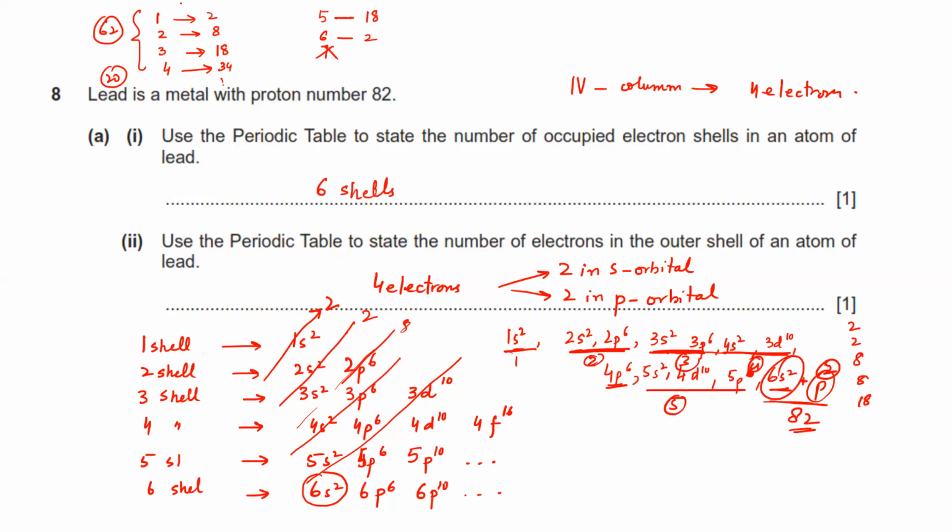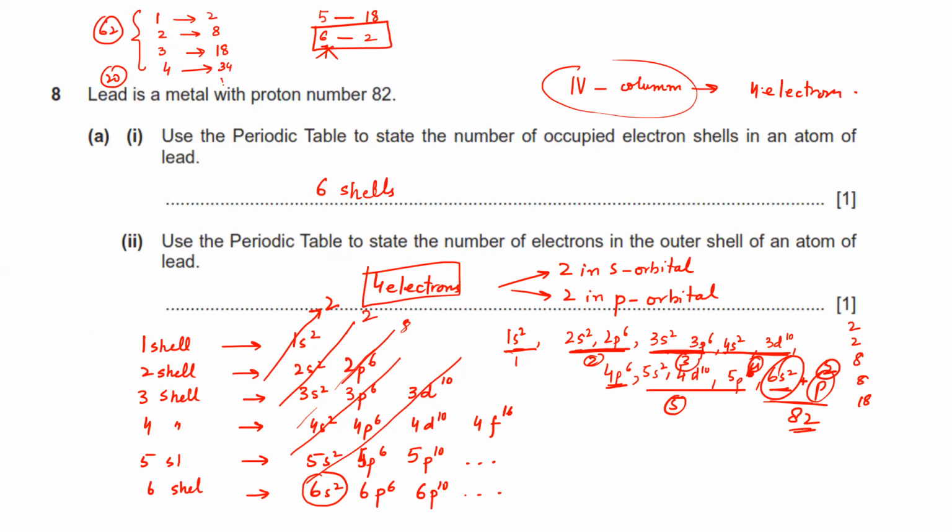But if you make a diagram like this, you will say that it has 2 electrons in the outermost shell, and that will contradict the way we are told to add the electrons. This theory is generally not covered in the O-levels examination, but it's a good way to check whether you have done this correctly. But from the periodic table, it's an easy solution: fourth column, the outer shell will have 4 electrons.